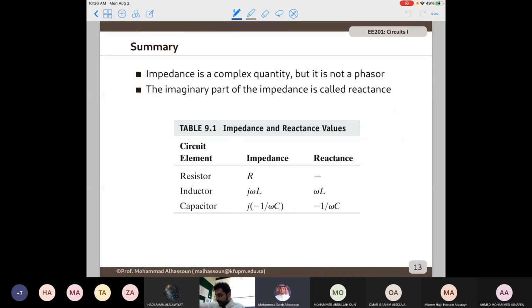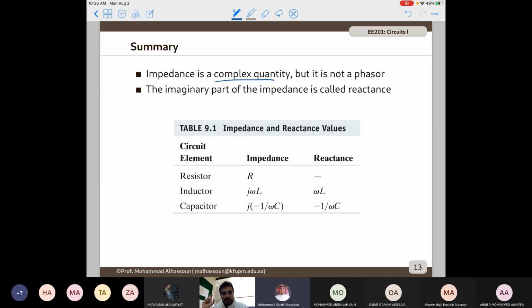Let's summarize what we have. First of all, we notice that the impedance is a complex quantity, but it's not a phasor. So pay attention to this point. If you remember last time, we said we need two things.